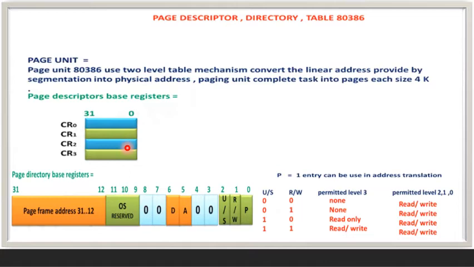First, the segment unit generates the linear address, then the paging unit converts the linear address into a physical address. After that, the paging unit converts the complete memory map of tasks into pages, and the size of each page is 2 to the power 12, that is equal to 4 kilobytes. Actually, the paging unit handles each task based on the page directory, page table and page descriptor base register.